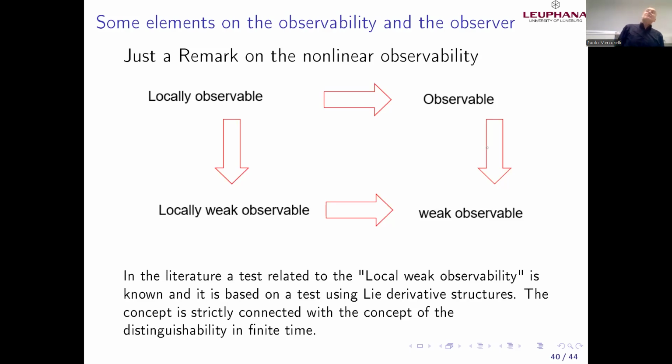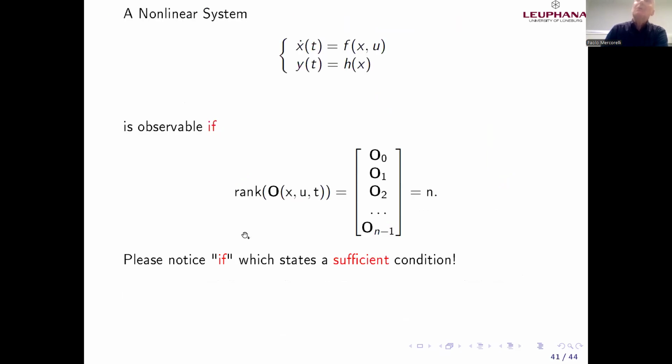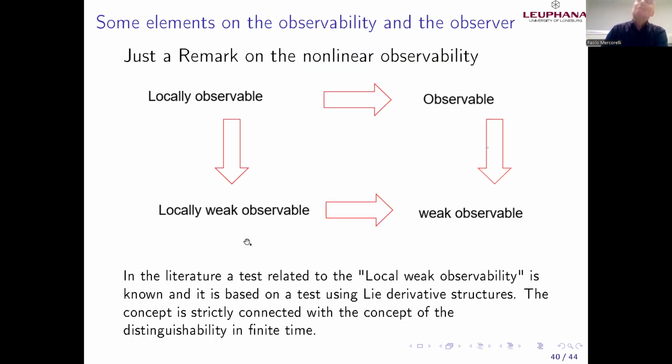Look, in the nonlinear system, we have basically 4 possible definitions. We will see that we have just a test for this concept here, locally weak observable, which we will use now. Nevertheless, this is written also here, as I told you.